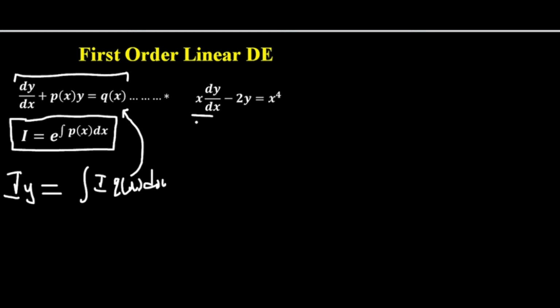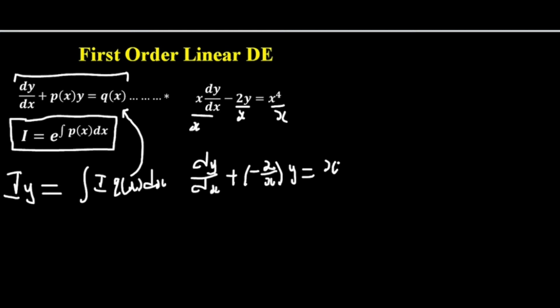So here, if we divide all through by x, then we're going to have dy/dx plus minus 2 all over x y equal to x cubed.